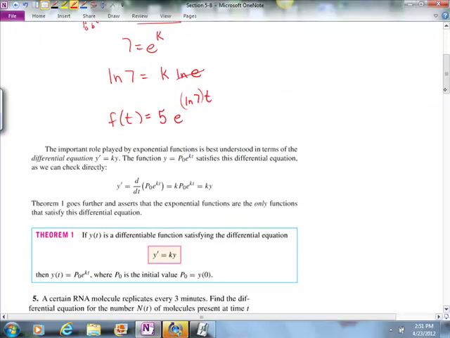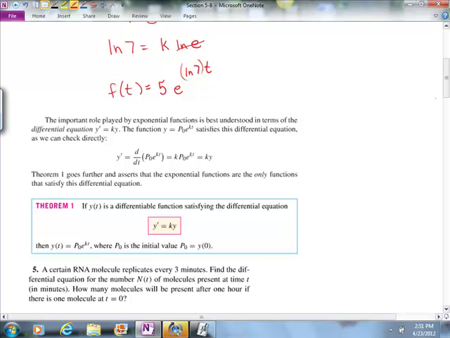Okay, so the next realization here is that they want you to understand that the important role played by the exponential function is best understood in terms of the differential equation y prime is equal to k times y. And it turns out that the function y equals P naught e to the kt satisfies this differential equation.